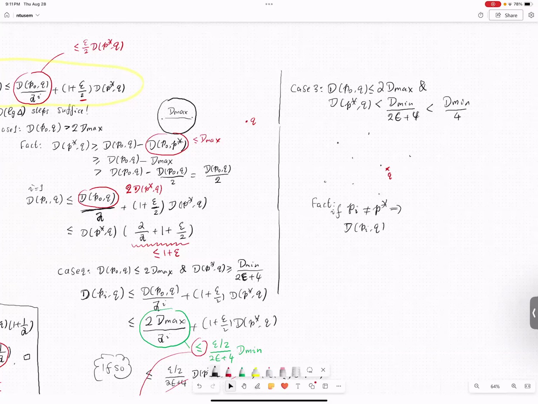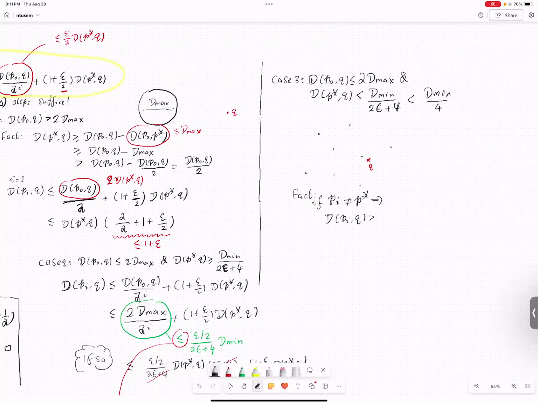This PiQ is at least PiP star minus P star Q. We know the first term is at least d min, because this is the interpoint distance. On the other hand, the second term is bounded by d min over 4. So now we know that this is at least 3 over 4 d min.